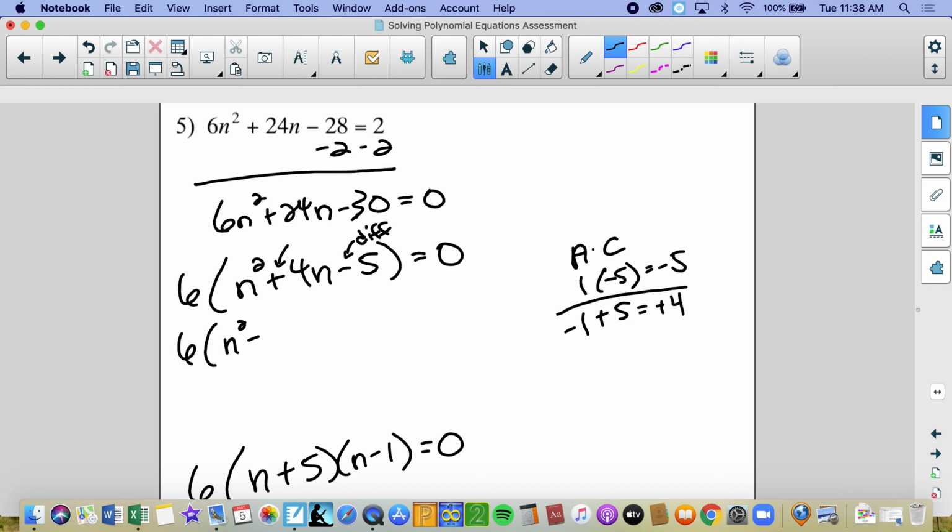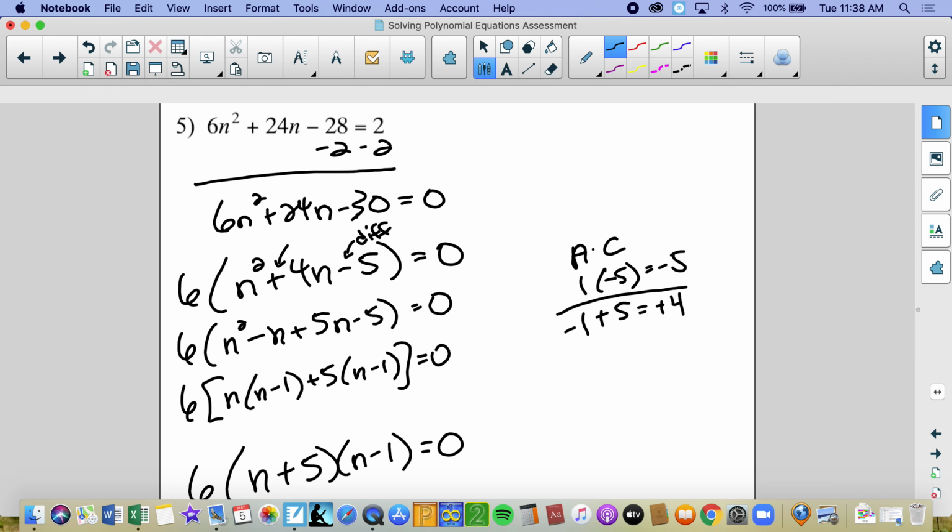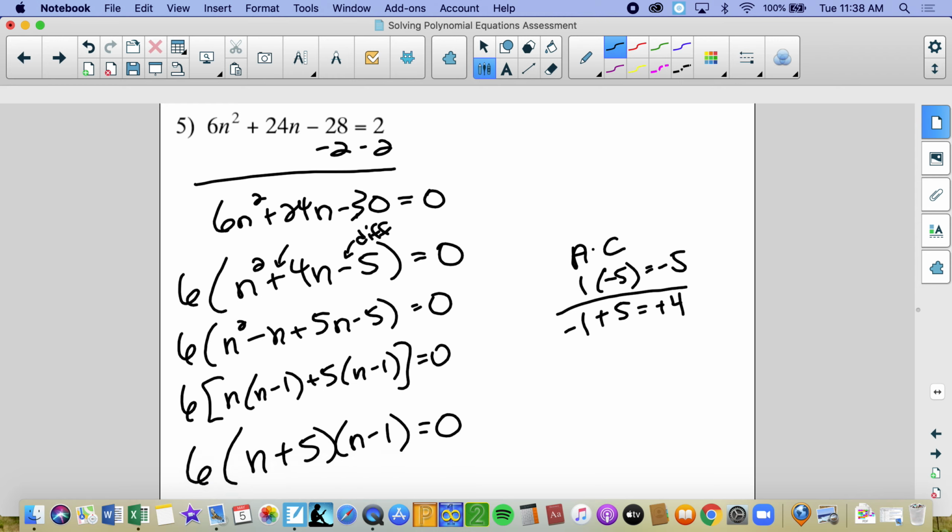So that's n squared minus n plus 5n minus 5 equals 0. Let's factor by grouping. Take out a 5. And then it brings us to that. Well, technically, we could write it as n minus 1.